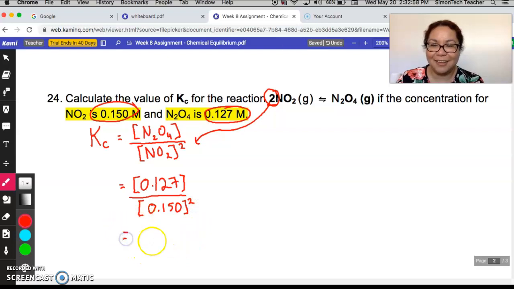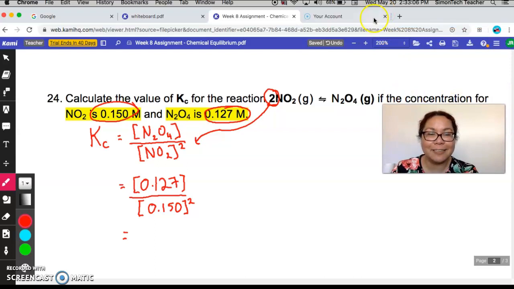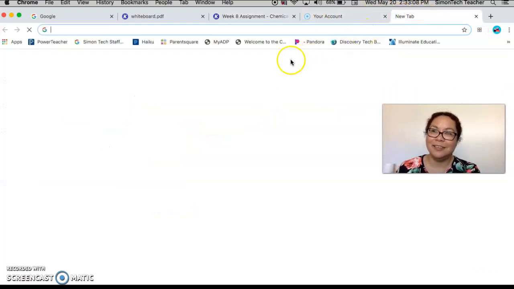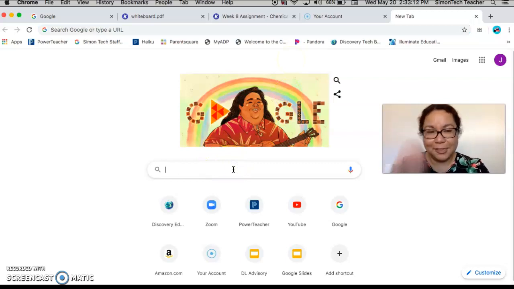And then you can do your calculations. Again, please, if you don't have a calculator, you are not excused from doing this. Use the scientific calculator in Google Classroom.